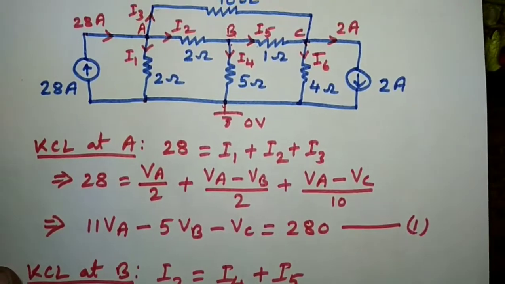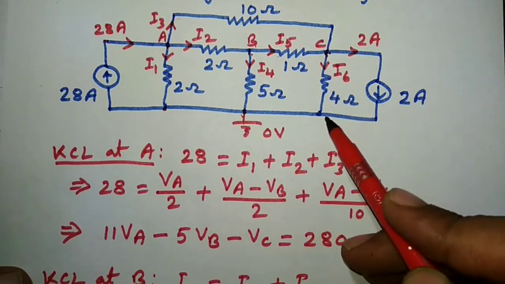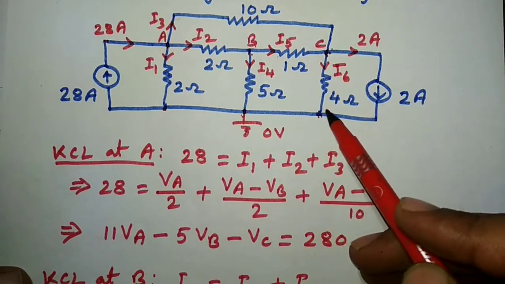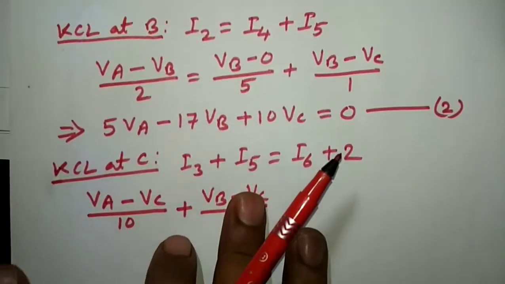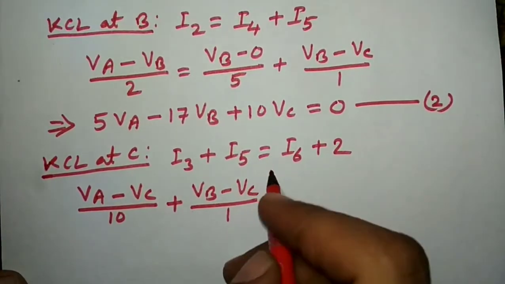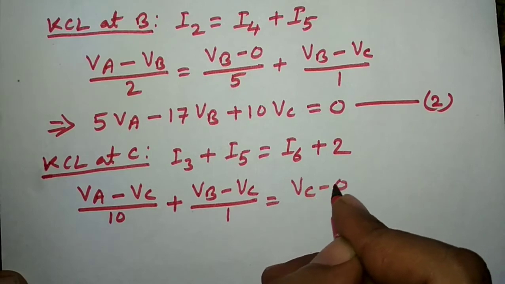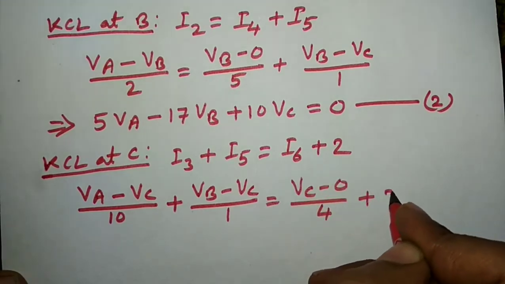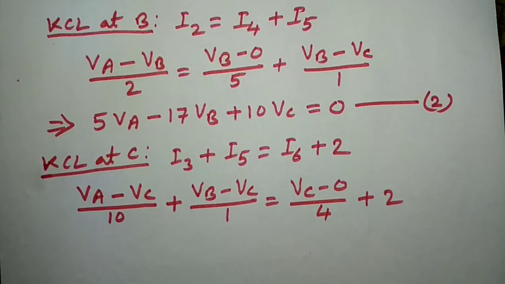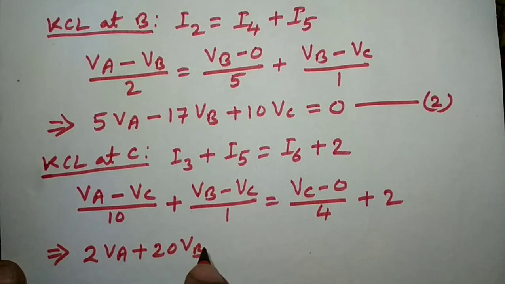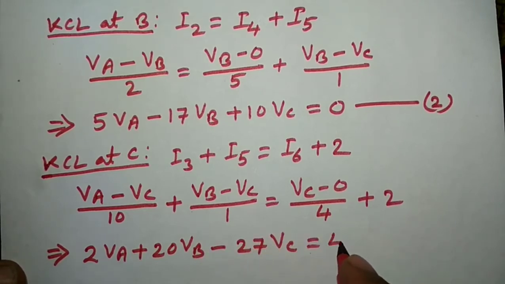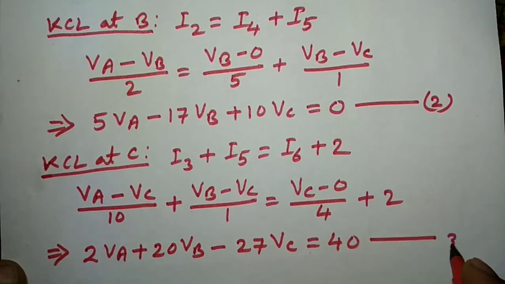Then I6 is from C to downward, so it will be VC minus 0 upon 4 plus 2. So simplify this equation and we will get 2 VA plus 20 VB minus 27 VC equal to 40. Equation number 3.